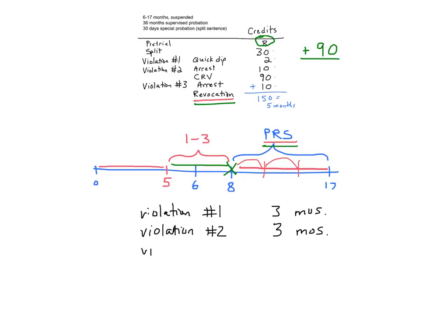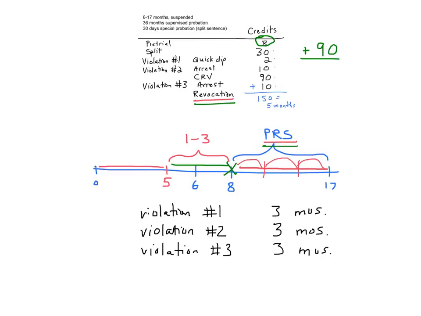And finally, if the person were then re-released and committed technical violation number 3 on PRS, the Commission could order that final 3 months of re-imprisonment. In reality, there probably won't be a full 3 months left because of whatever pre-hearing confinement there was in advance of the hearing before the Parole Commission. But nevertheless, at this point, the person will have served the full 17 months of imprisonment and will be released outright.